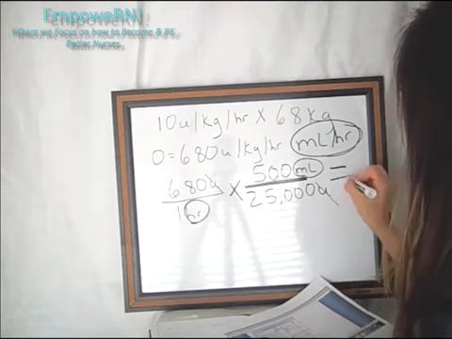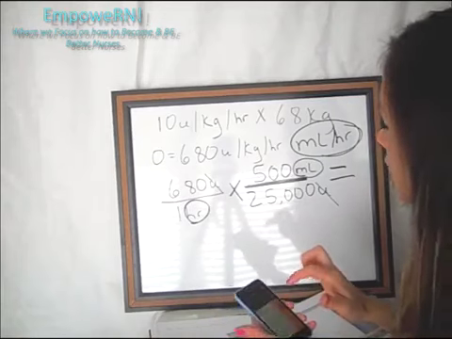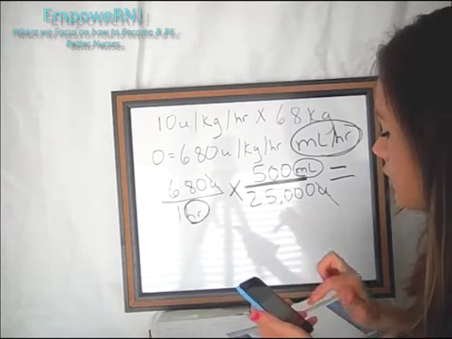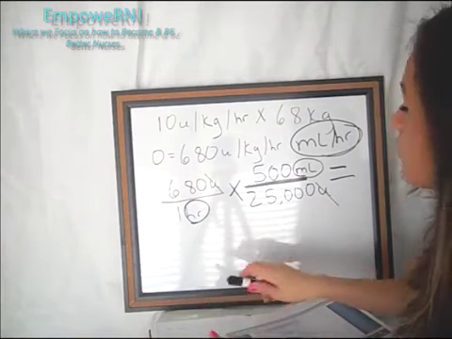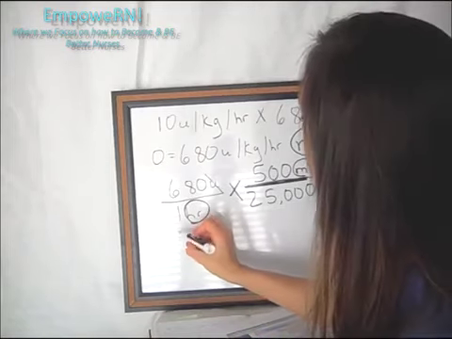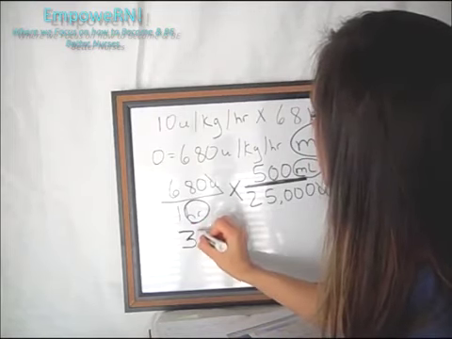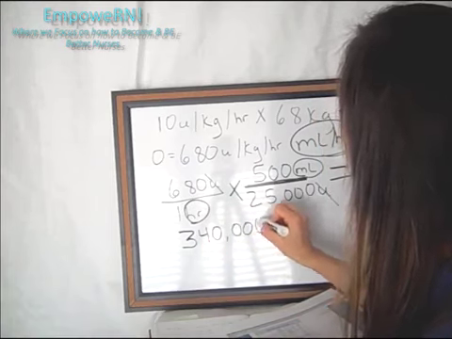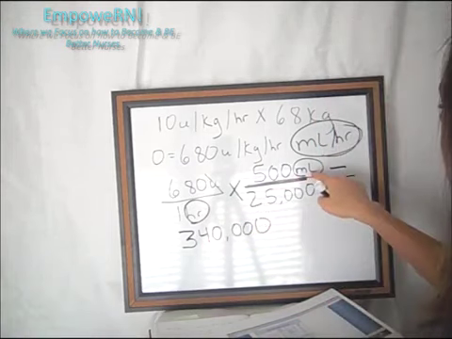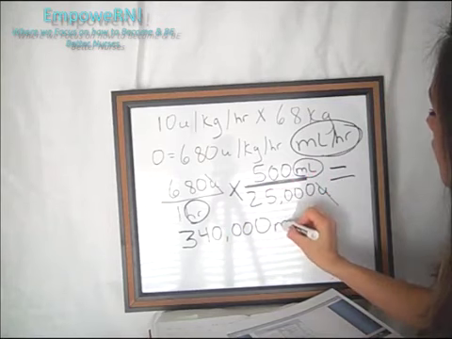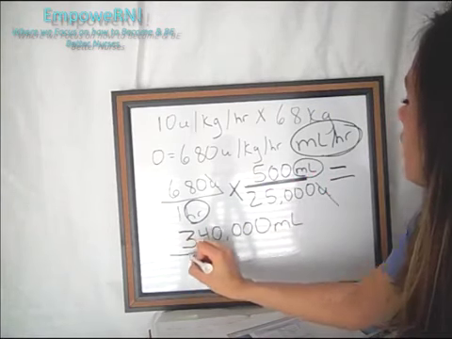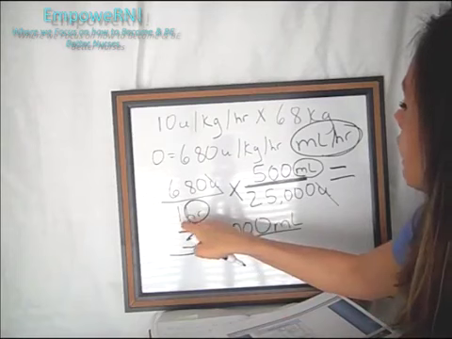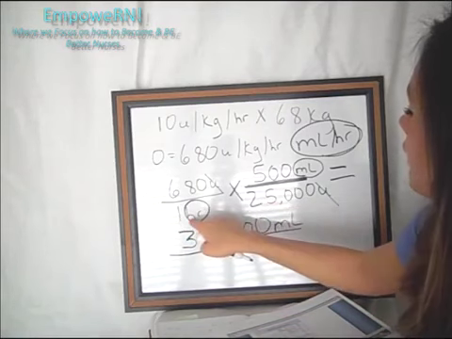So 680 times 500 is 340,000. Always really important to make sure you grab whatever it actually is. And we take 1 times 25,000, and that's in hours.